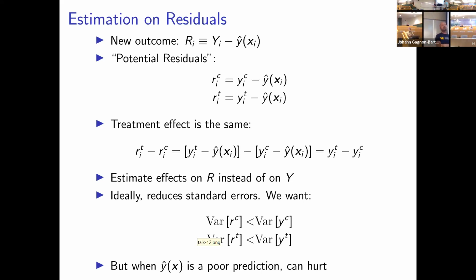Yes, the prediction model can depend on the RCT outcome, and that can introduce a bias. I can't say off the top of my head all the conditions in which it would introduce a bias versus those where it wouldn't, but it's certainly possible.